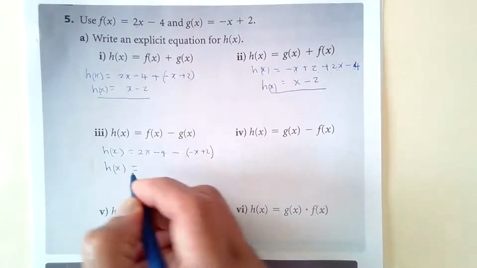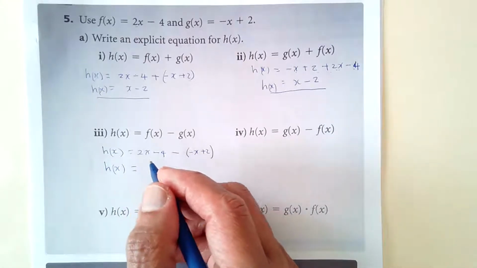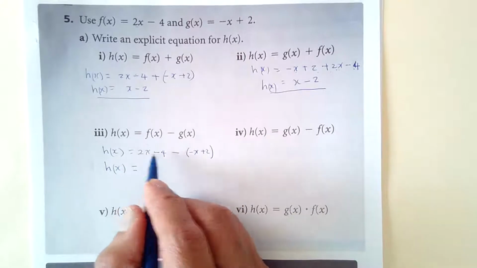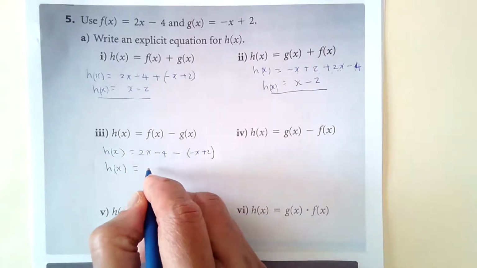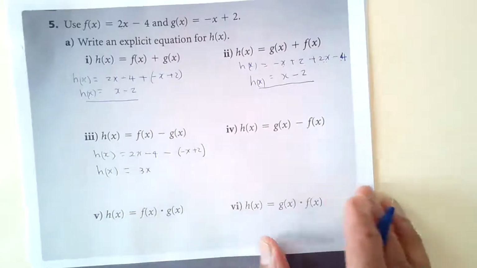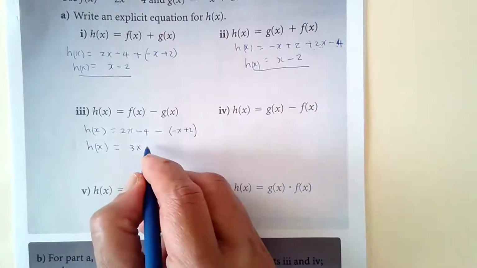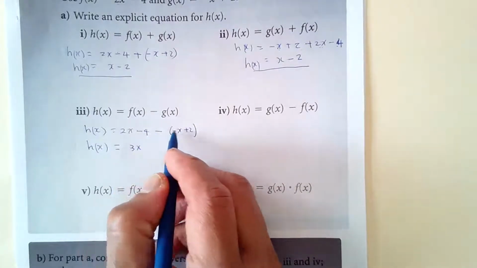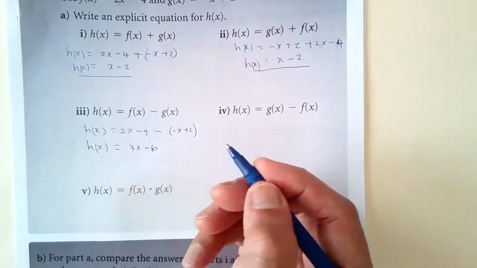Combining the like terms, we end up with a result. Well, 2x plus x gives me 3x. And we have minus 4 and minus 2, which gives me minus 6.